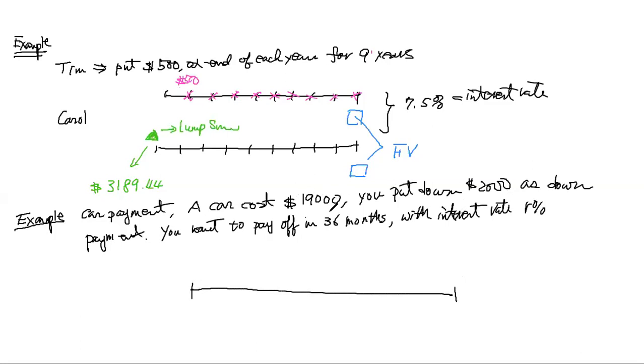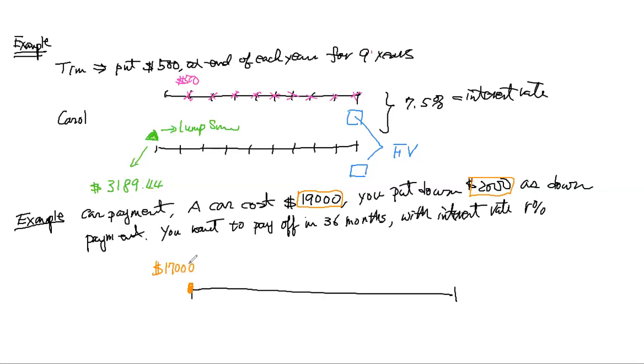You have the car cost 19,000, but you put down 2,000. So that means right at this moment, this car's present value is 17,000.